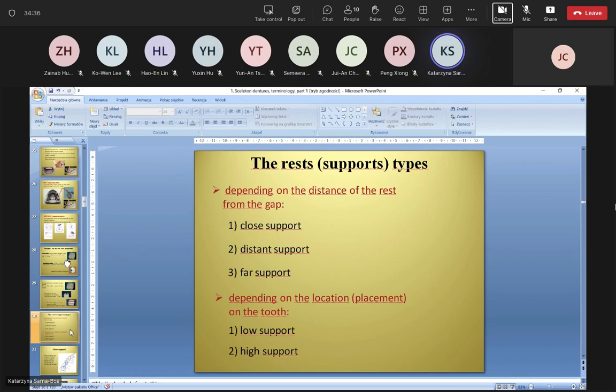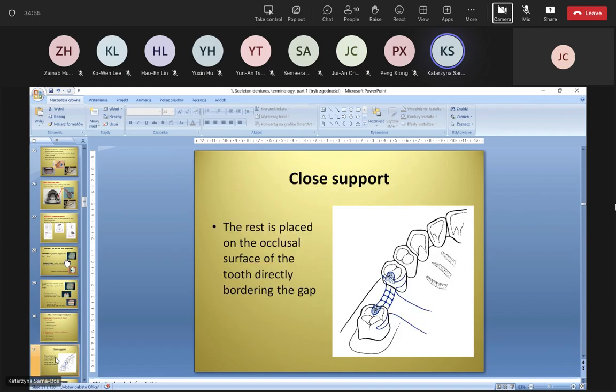So the rest support types: depending on the distance of the rest from the gap, we can see the close support, distant support, and far support. And depending on the location placement on the tooth, low support and high support. Let's talk first about the close support.